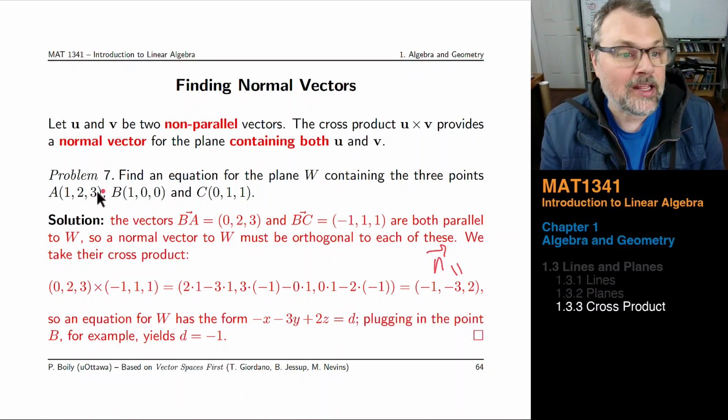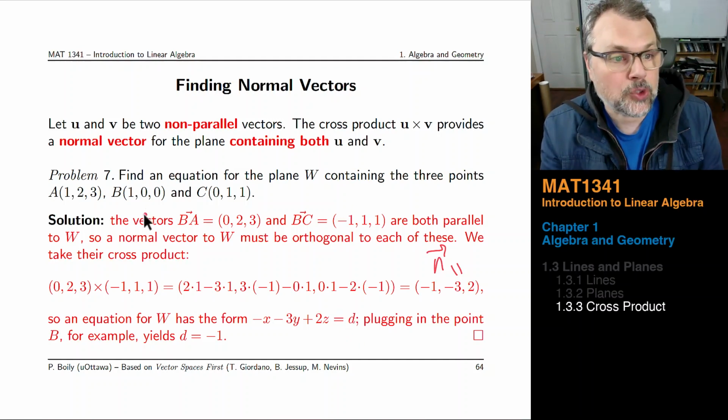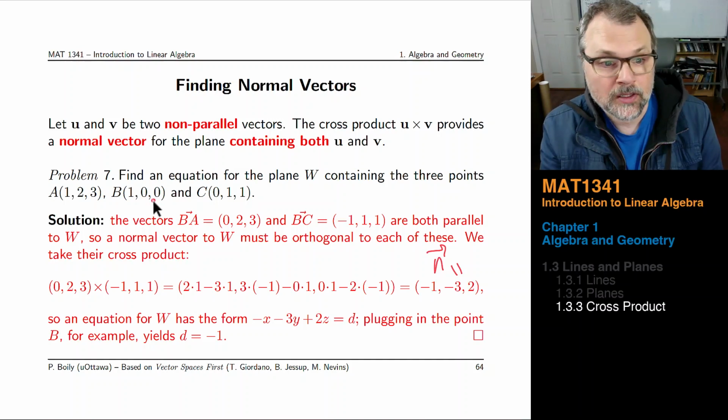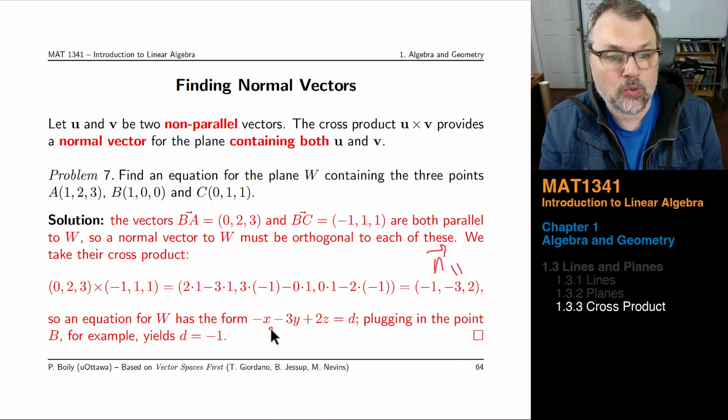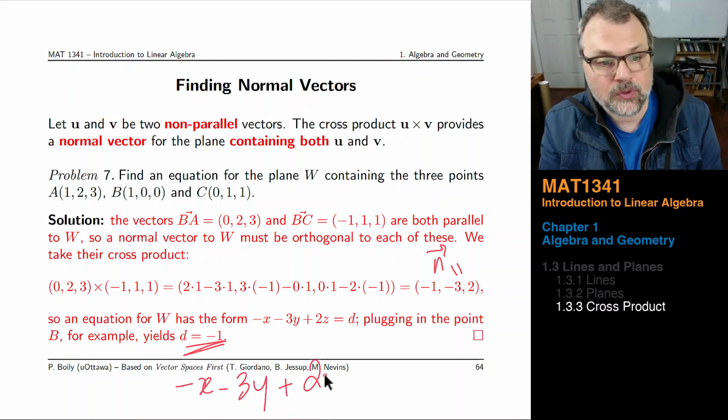We plug in any of the 3 points into this equation and we see what the value of d has to be. So if I plug in B, B is a good choice because it has a lot of zeros in it, then what I get is that -1 minus 3 times 0 plus twice 0 is equal to d, and that means that d is equal to -1. So the equation of the plane would be -x minus 3y plus 2z equals -1.